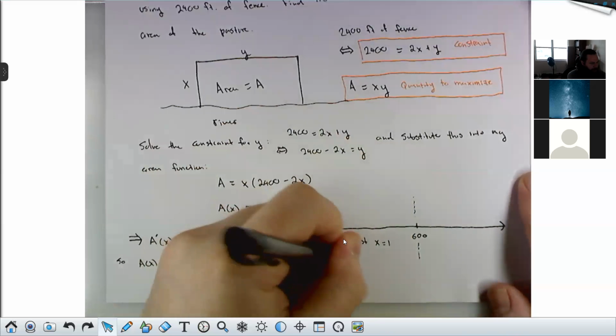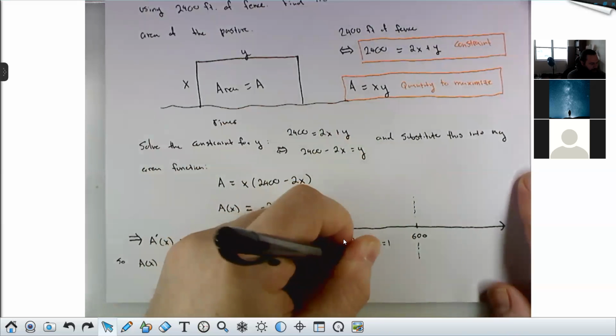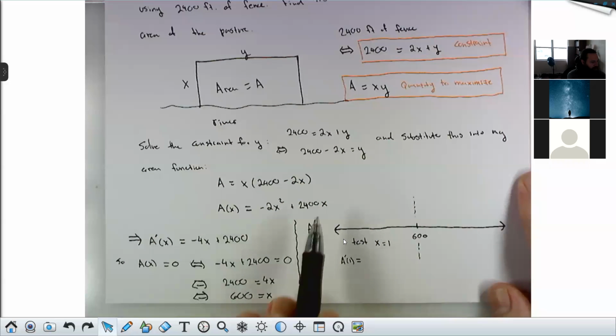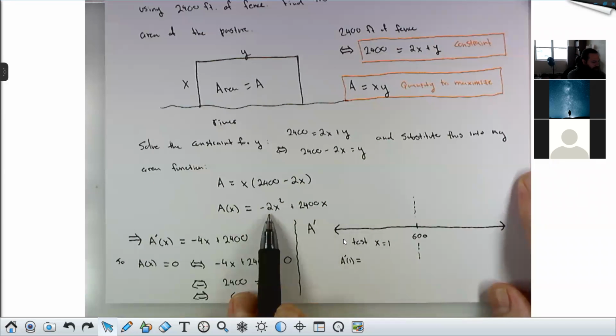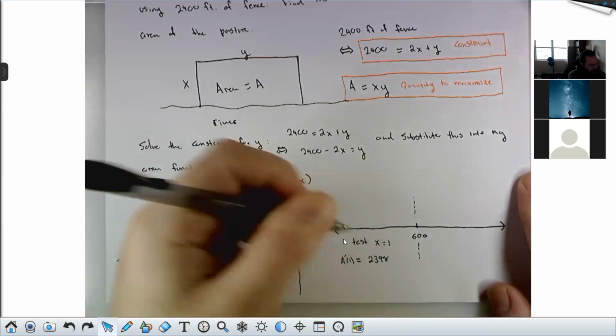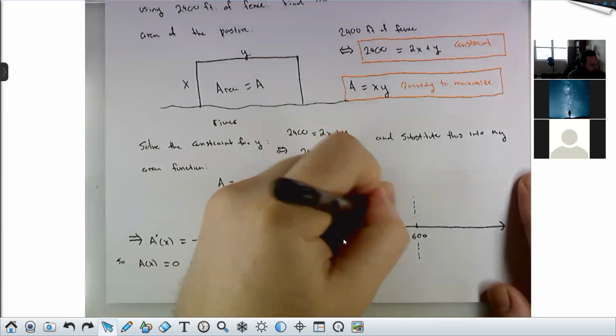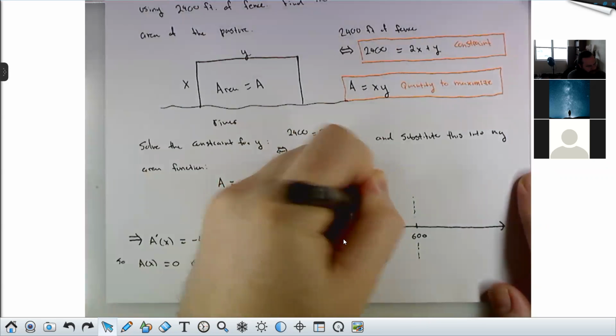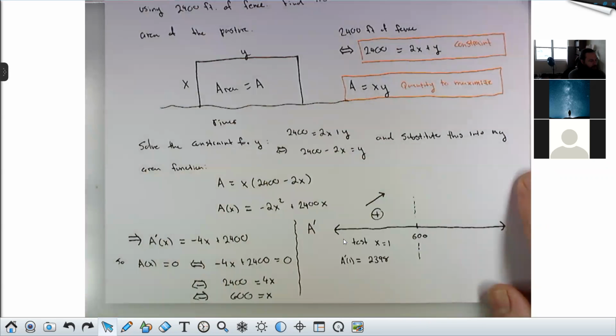A primed of 1 is 2400 minus 2 times 1. So this is just 2400 minus 2, which is 2398. In particular, it's positive. So my area function is increasing everywhere to the left of 600.